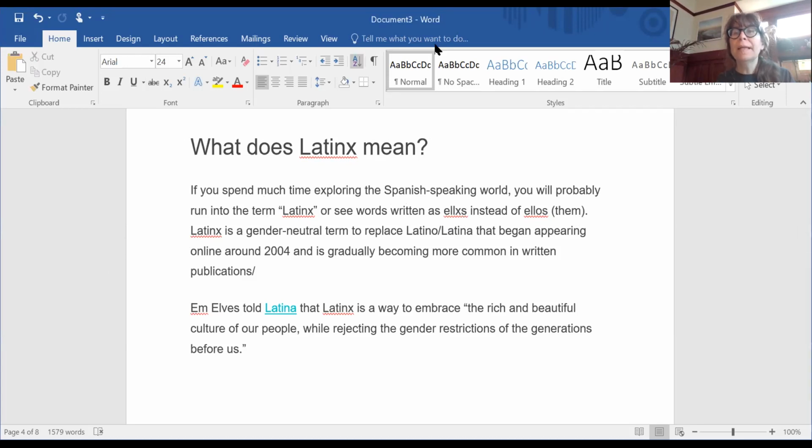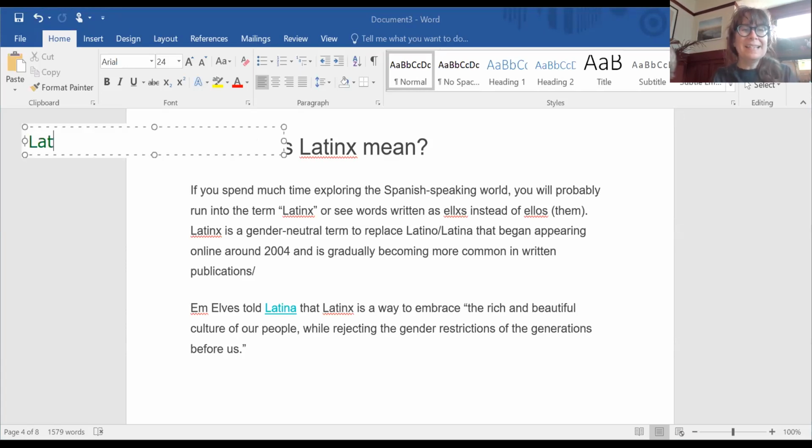So I want to make a little annotation for this right now. So I am going to write right here, Latinx, oops, that's Latinx, equals gender neutral. That means that you're not specifying. You don't want to identify yourself as necessarily being male or female.